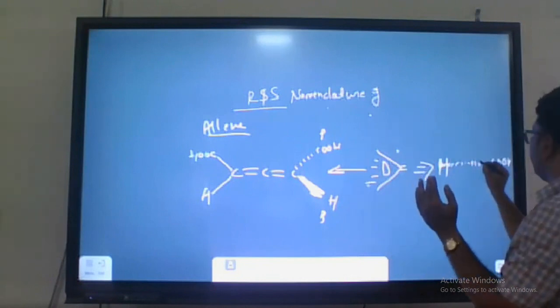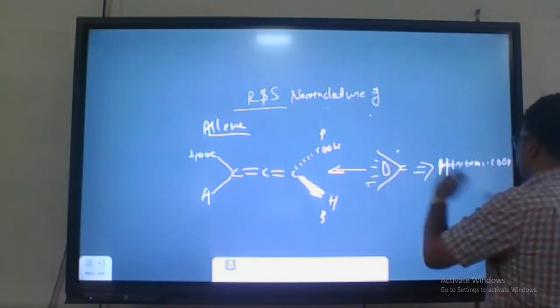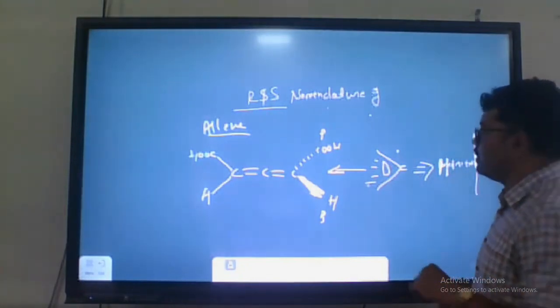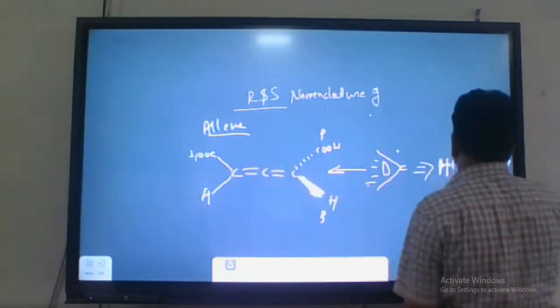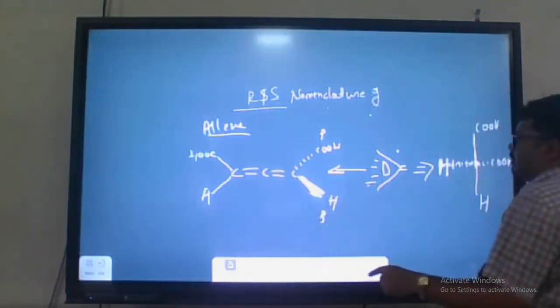This is the left side, this hydrogen; this right side, COH. The remaining ones you consider the opposite: COH, and this is H.